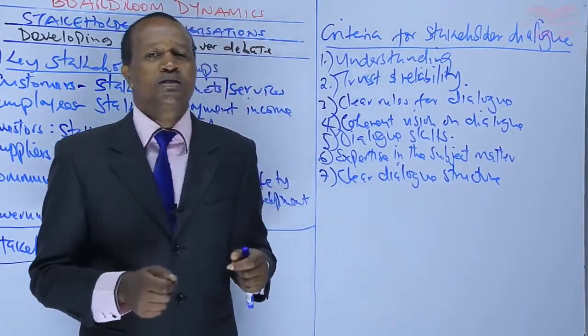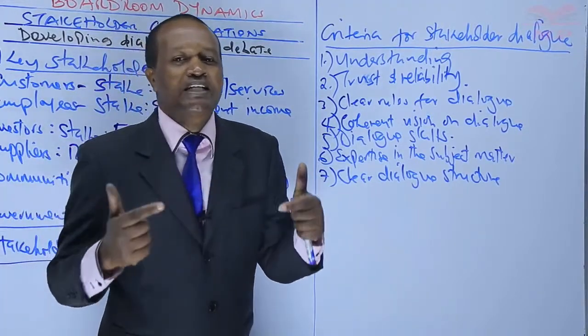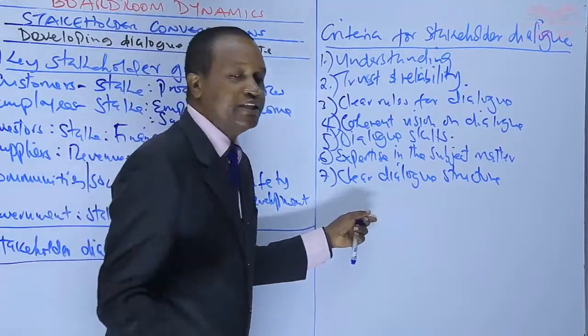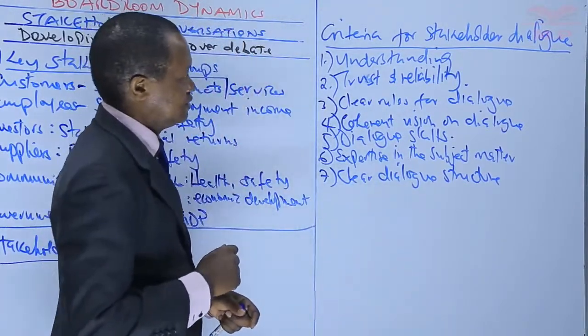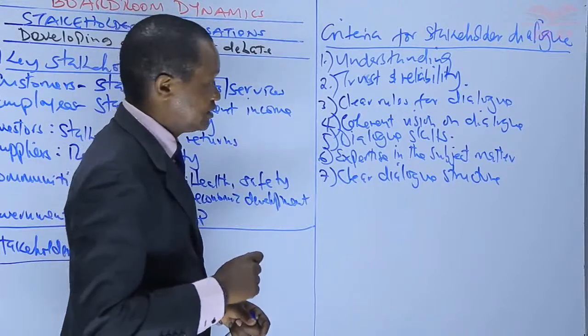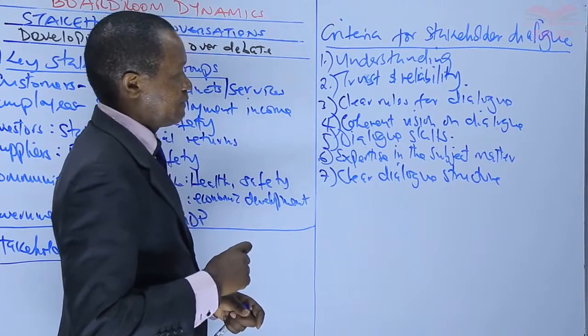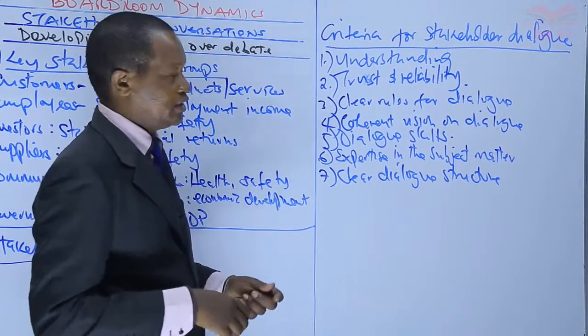And likewise, there ought to be a clear agenda for the meetings and careful recording of the meeting and the follow-up agreements. If that is not in place, then any effort to conduct dialogue meetings will be futile.